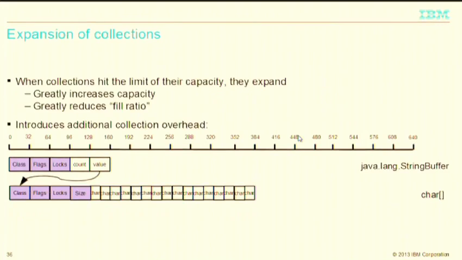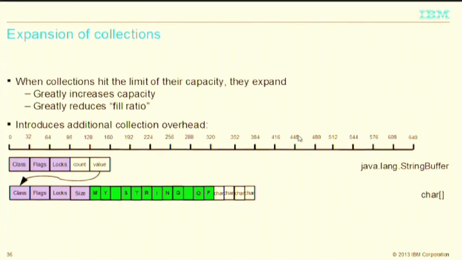Now, that actually makes sense in terms of a string buffer, because you're supposed to be adding things to your string buffer. That's why you're using it, to build a bigger string. So I've got my string buffer with default size of 16, and I've got my string in it using 9 characters. Now, what happens if I want to start adding more content into my string? So I want to put in my string of text.